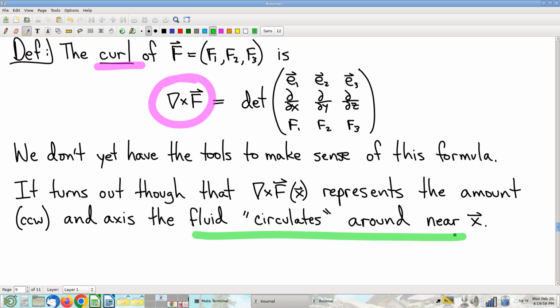And specifically, the curl tells you by its magnitude how much: is this a violent whirlpool, or is this just a gentle kind of slow rotation? And by its axis, it tells you what the fluid is rotating around.